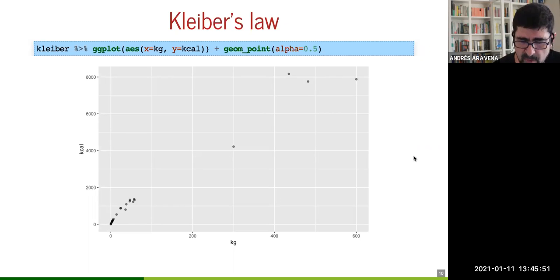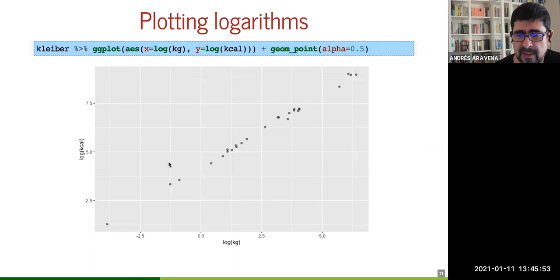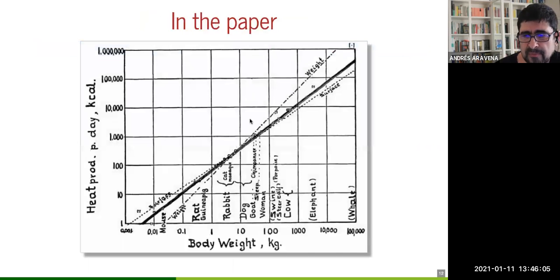So we said let's take the logarithm. And we have the log of kilocalories, and they look very much like a straight line, and it's beautiful, no? We did this before. But when you see the original paper, there is a little change here, in the sense that they are not plotting the logarithm, they are plotting the weight, but the scale is logarithmic.